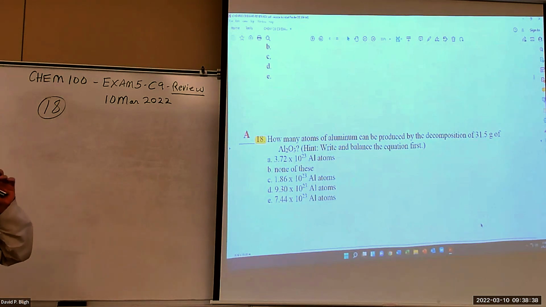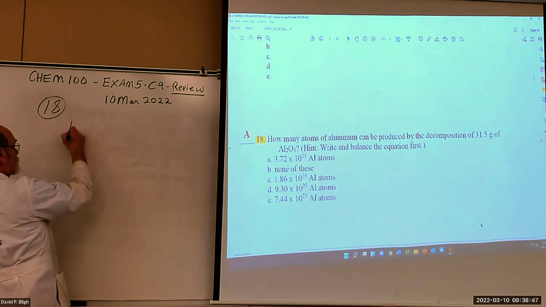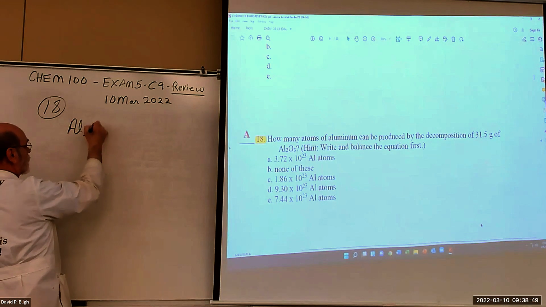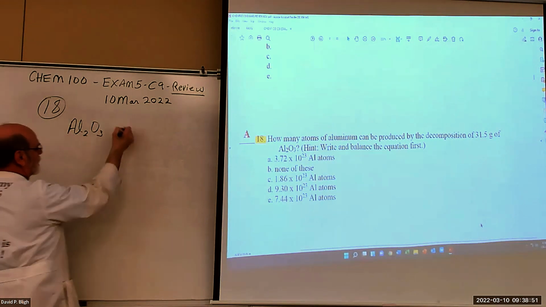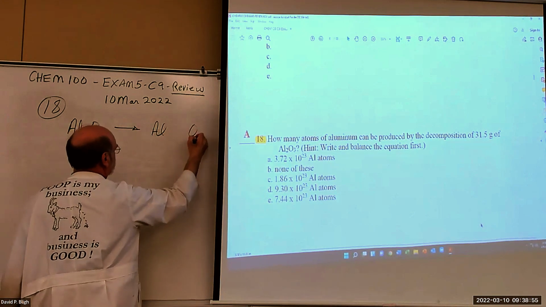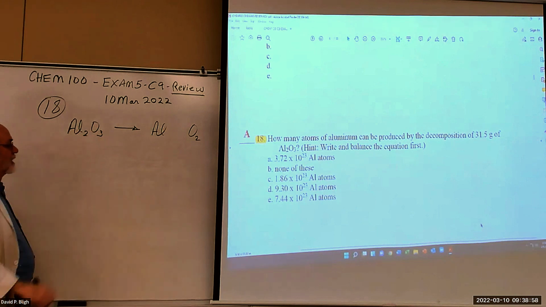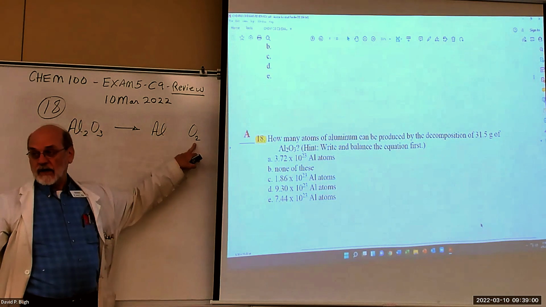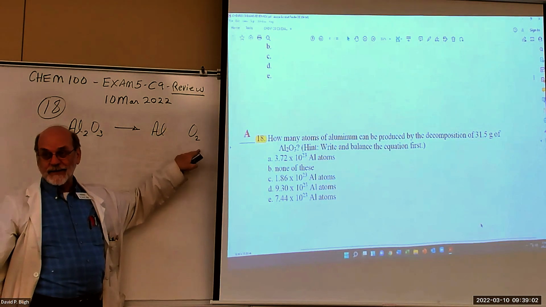The clues here are that it's a decomposition and it produces atoms of aluminum. So if we're going to have a decomposition, you know that we've got this one as a reactant. And if it decomposes, it's going to produce aluminum and oxygen. And this is a tricky one too. You got to remember that oxygen is diatomic.